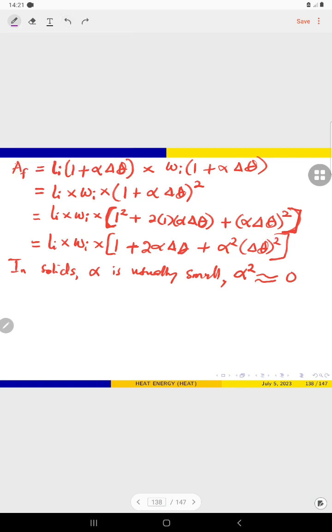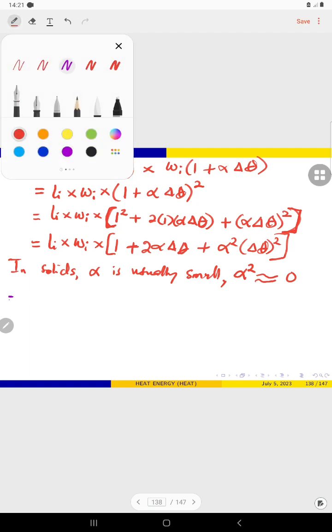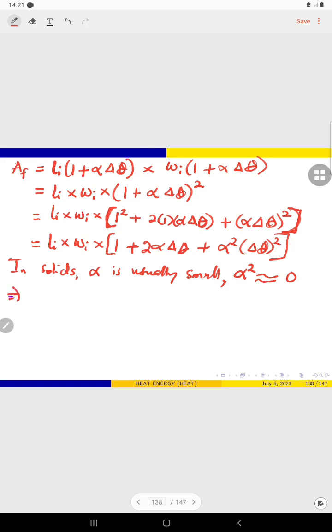All right, and if that part goes to 0, what is our equation going to be? Our equation is going to be AF equals Li times Wi times what? 1 plus 2 alpha delta theta. Is that not it? So we get something like this.